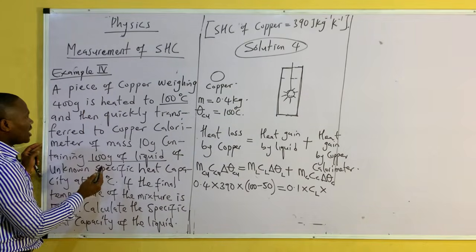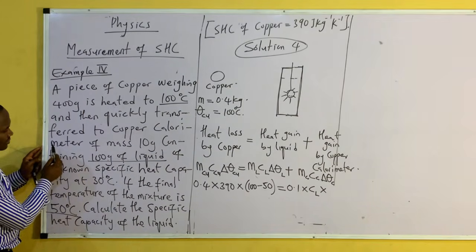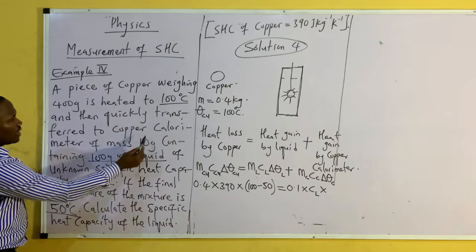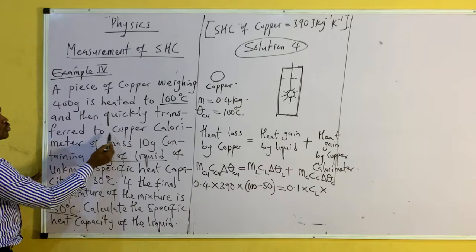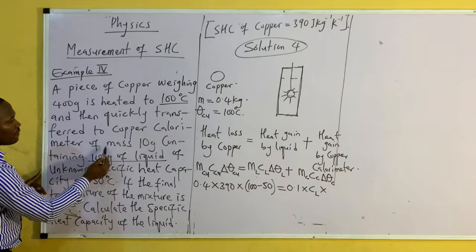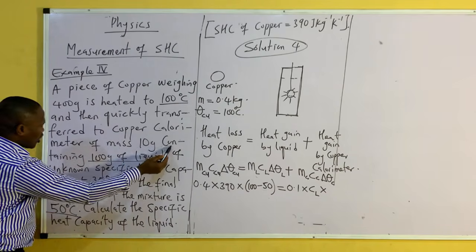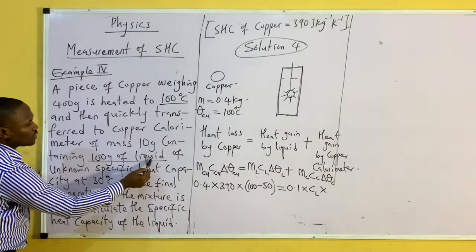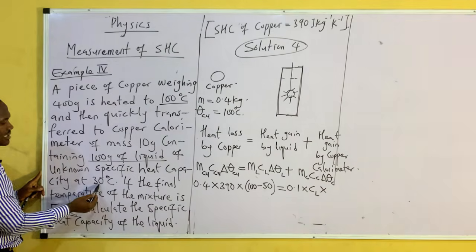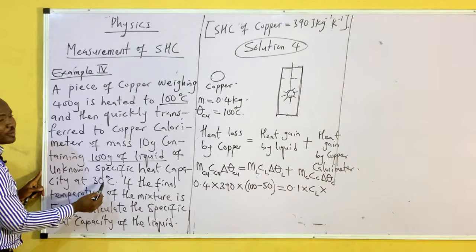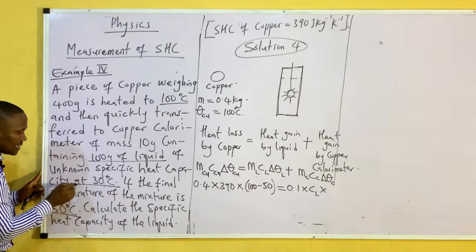Now watch this. Let's read from here: then quickly transferred to a copper calorimeter of mass 10 grams containing 100 grams of a liquid of unknown specific heat capacity at 30 degrees Celsius. Now, this is the temperature of the liquid, 30 degrees Celsius.